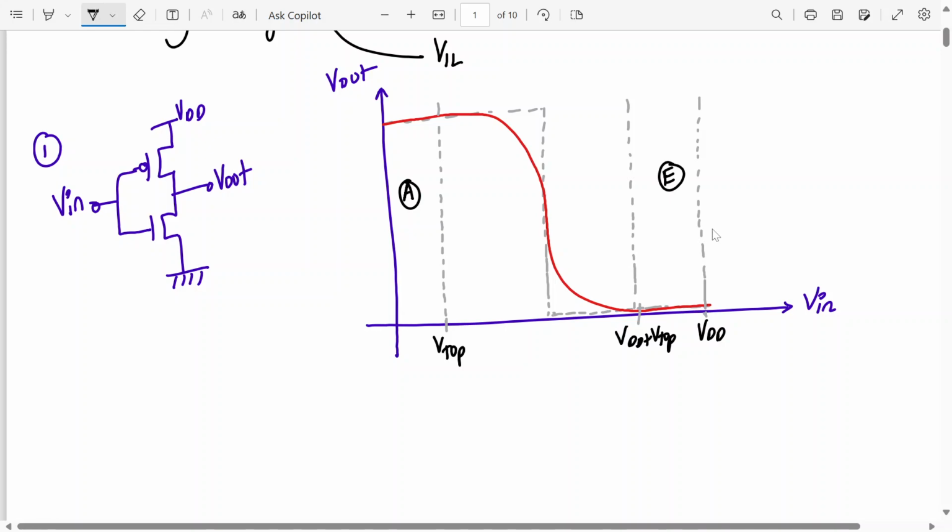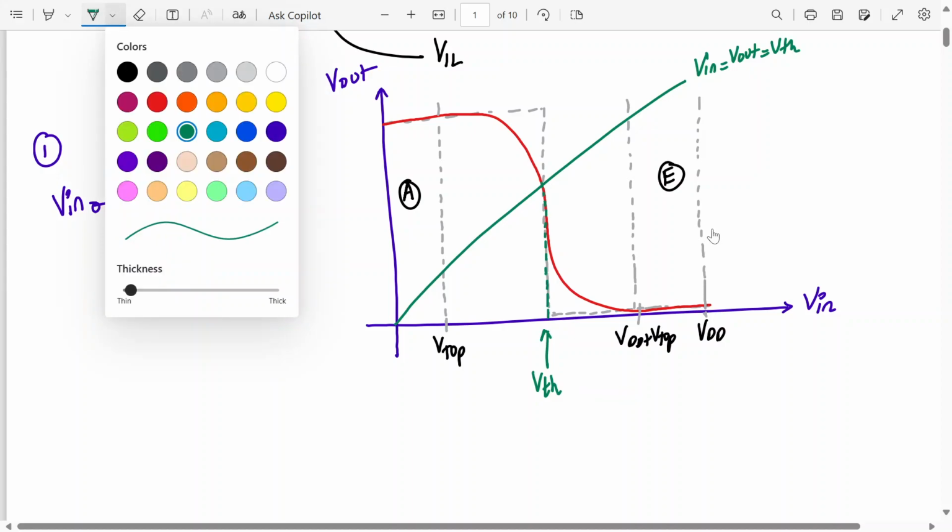Okay. And somewhere around here there is one more curve. If I take this as the Vin equal to Vout curve, which is equal to VTH, this point, if we extend it down, is called the threshold voltage of the CMOS inverter.